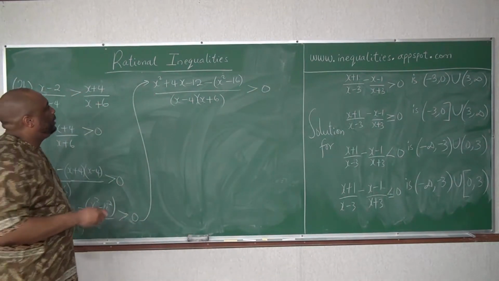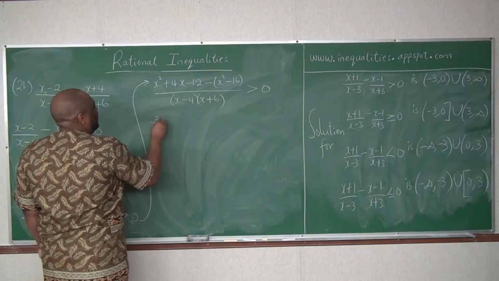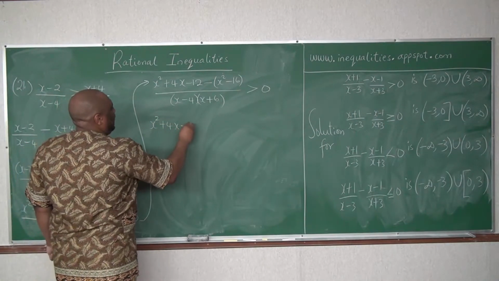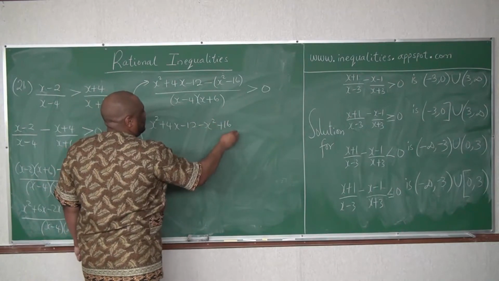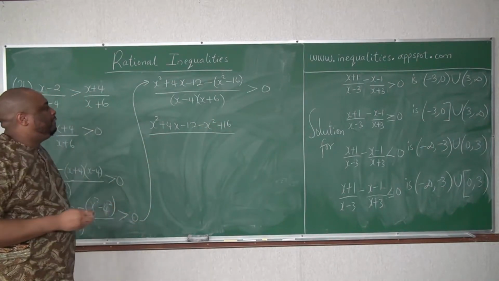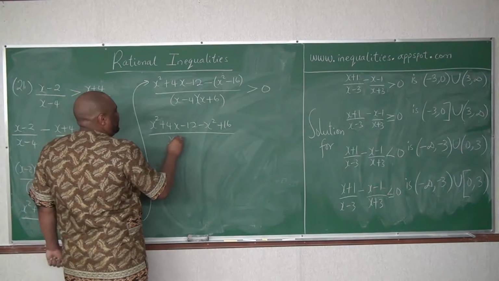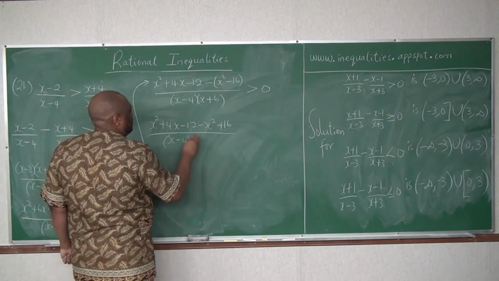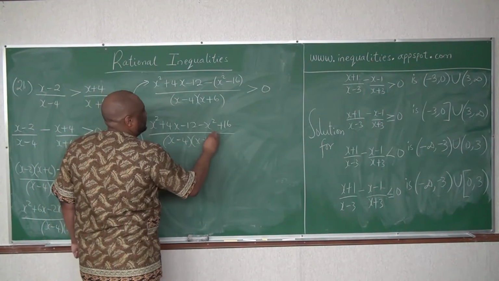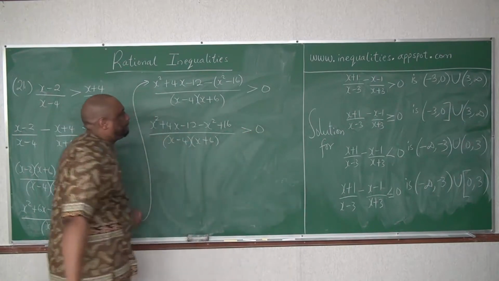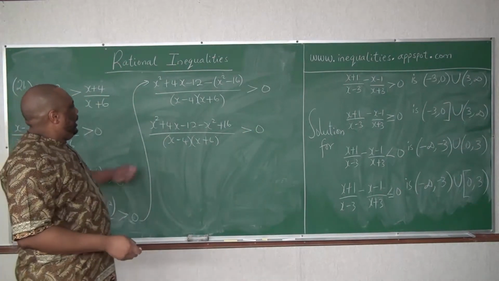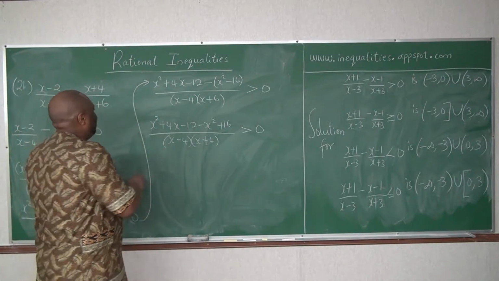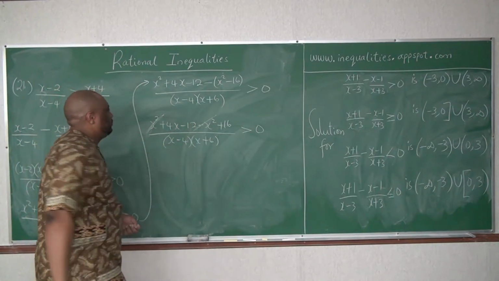So we have x squared plus 4x minus 12 minus x squared plus 16. x squared minus x squared, that's gone.